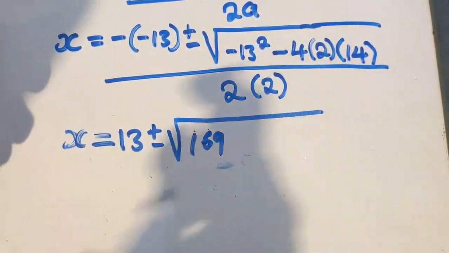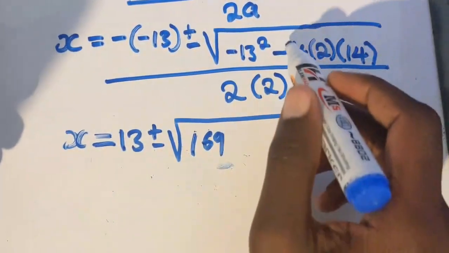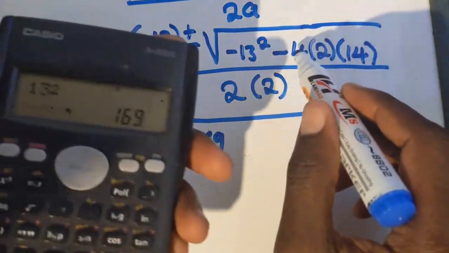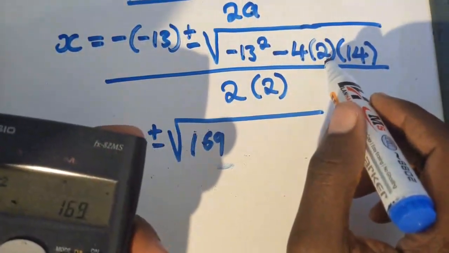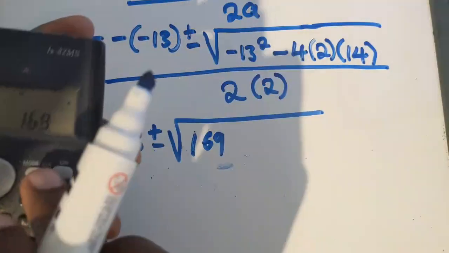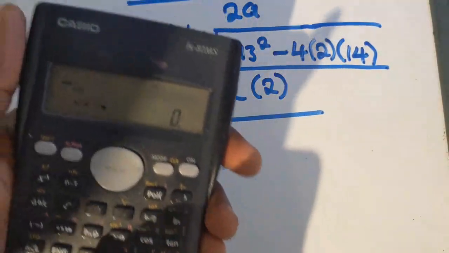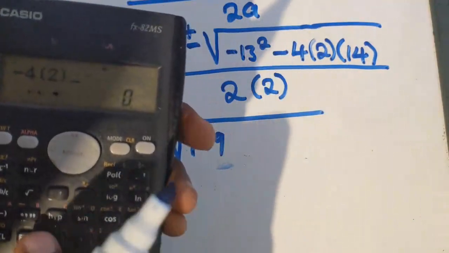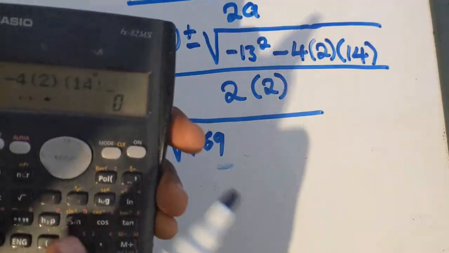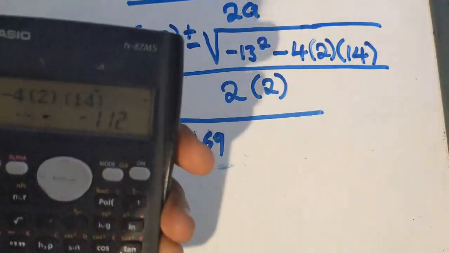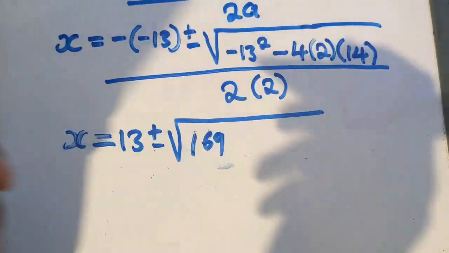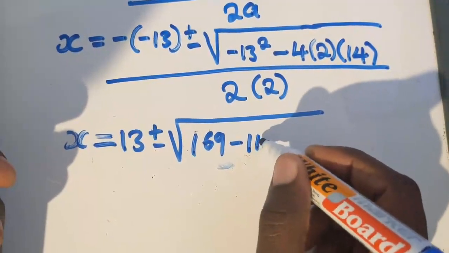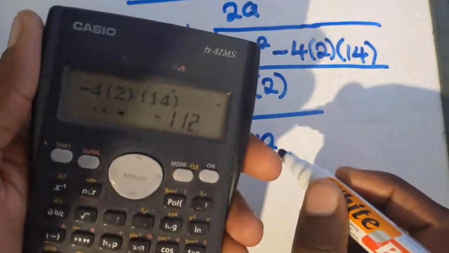Then what you're supposed to do is get the negative multiplied by everything, the way it is: negative 4 multiplied by 2, multiplied by 14. This answer is negative 112.